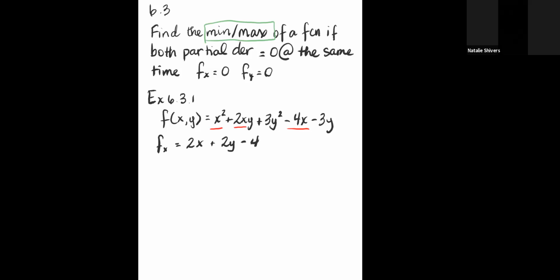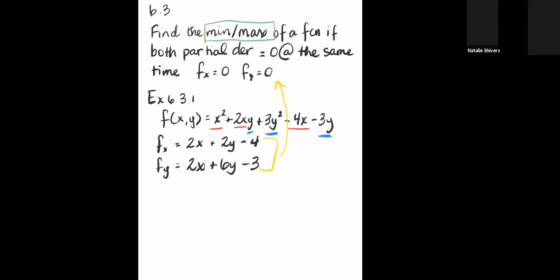And then f little y gives me, here's my y, here's my y, here's my y. I get 2x stays the same plus 6y minus 3. Okay, and we're going to take this back, and this says take these and set them equal to 0.